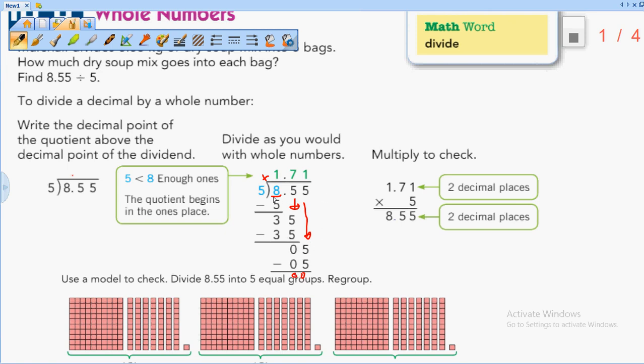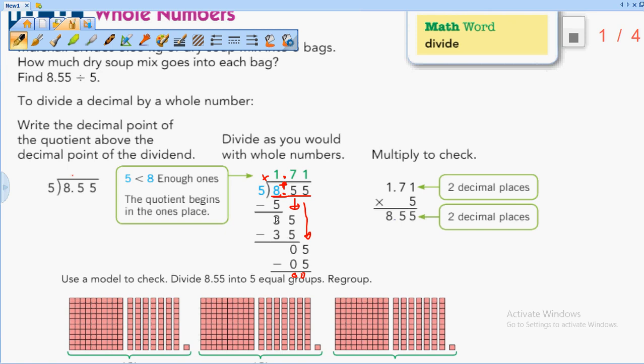But here I have, look, a decimal point. I can say 8 divided by 5 is 1. 1 times 5 is 5. When you subtract them, 3. Before 5, here we have a decimal point. So when we reach the decimal point, we will put it up. When you reach the decimal point, you have to put it up directly. Okay, boys? Again, 8 divided by 5 is 1. 1 times 5 is 5.